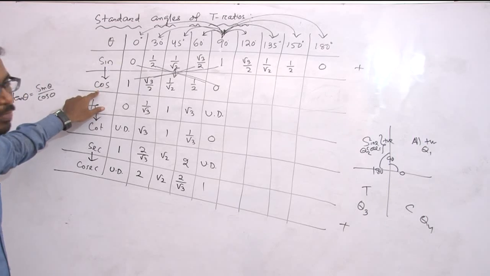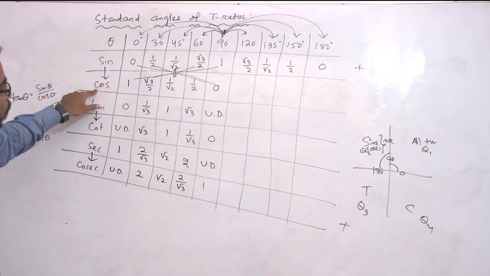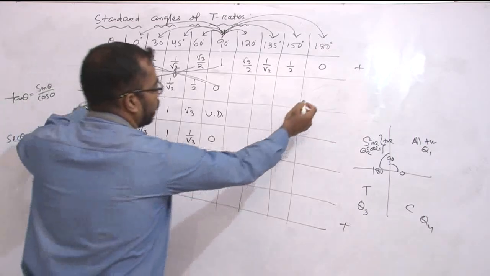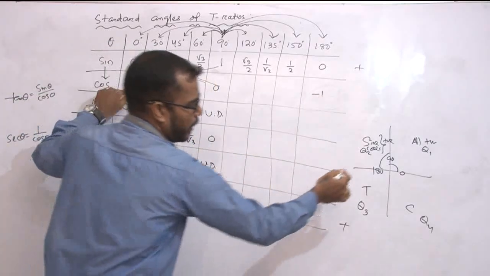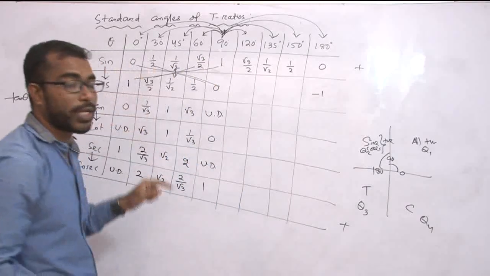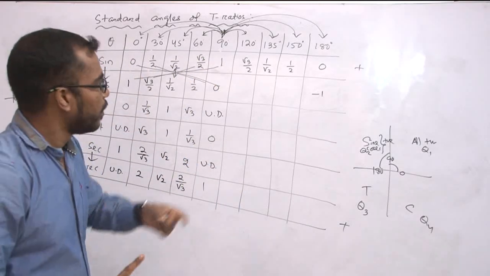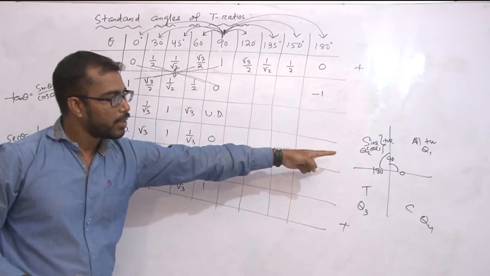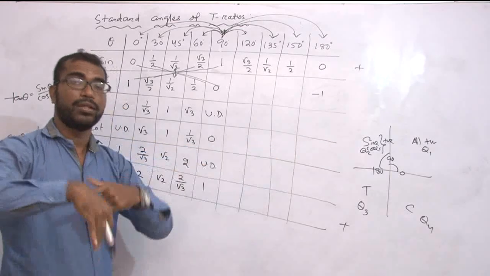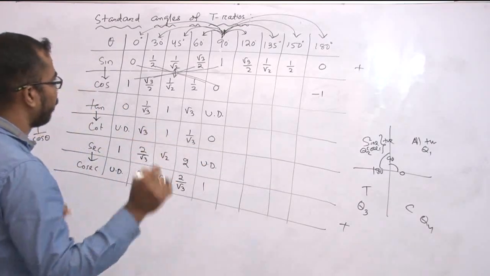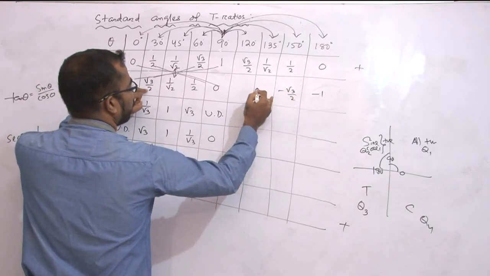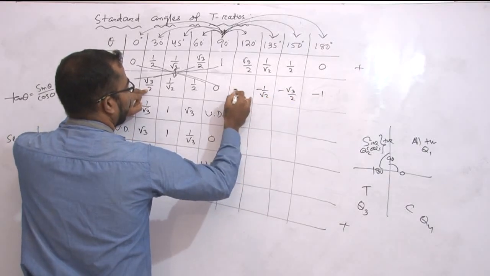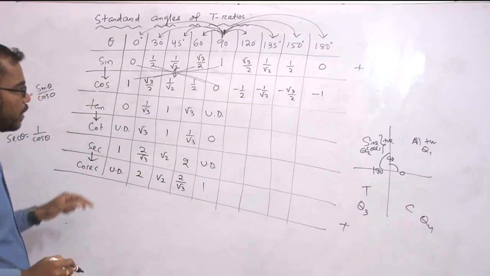Similarly, the values of cos, 1, but here is 1, but we can write in minus 1 because according to ASTC rule, in second quadrant 90 to 180, sine and cosec are positive and others are negative. So we can write in the negative form. So here minus 1, minus root 3 by 2, minus 1 by root 2, minus half.